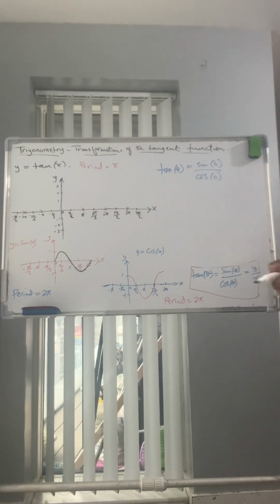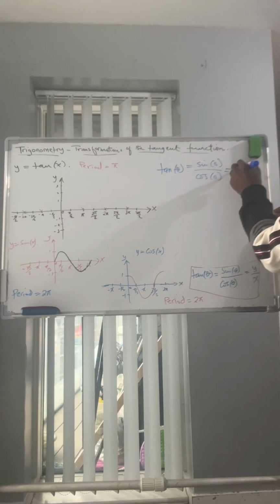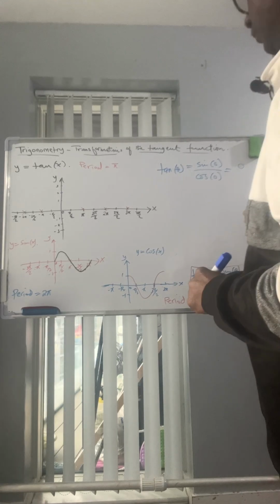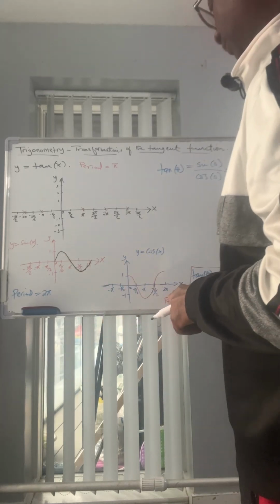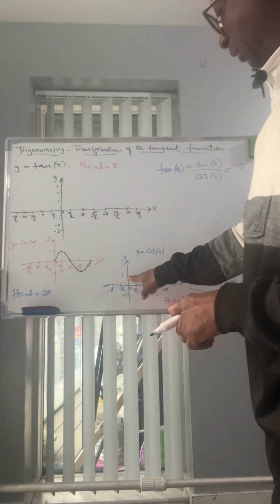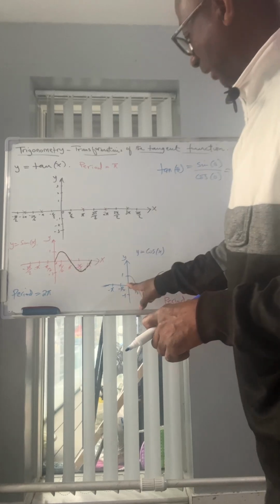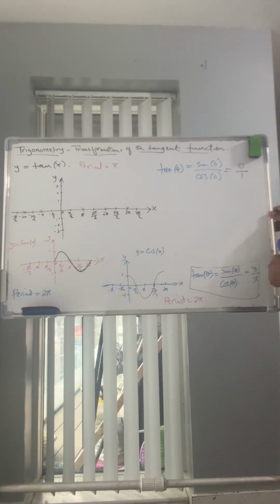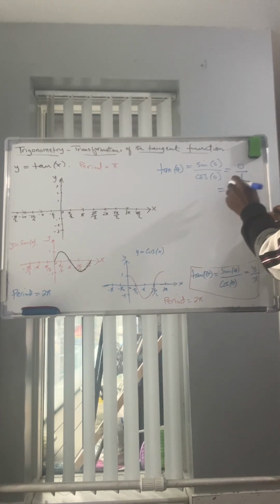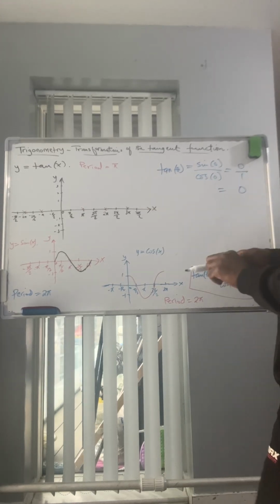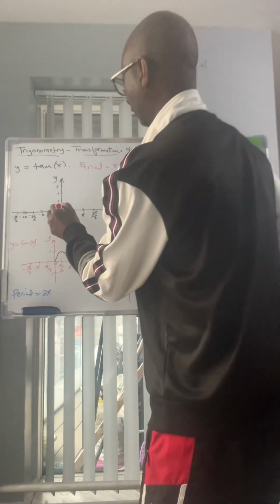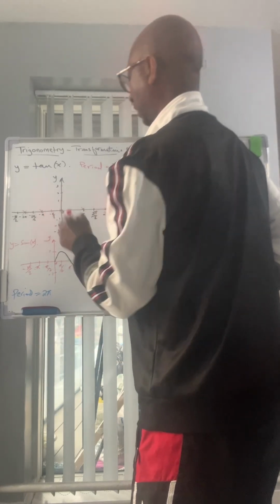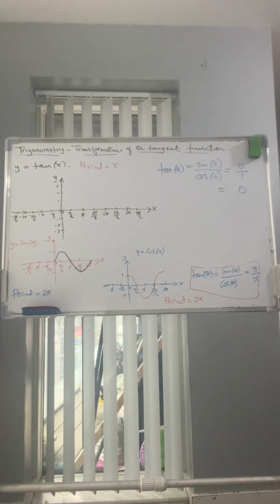Sine 0 is 0. Cosine of 0 is 1. So 0 divided by 1 is 0. Therefore, this graph will pass through these points, through 0 here.